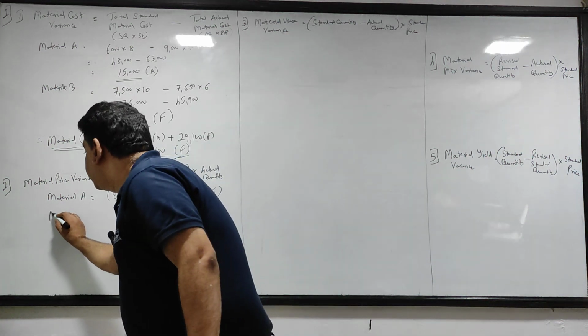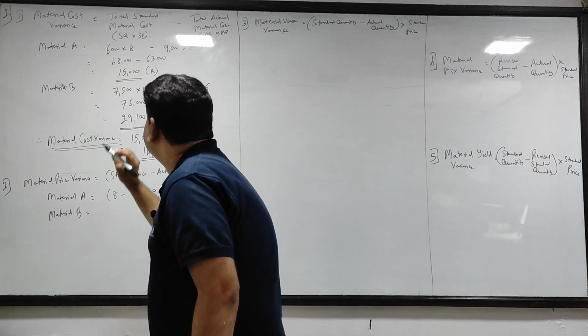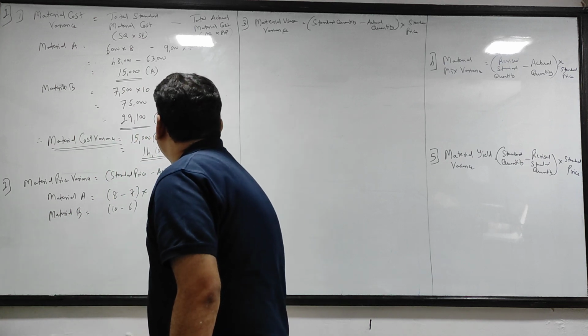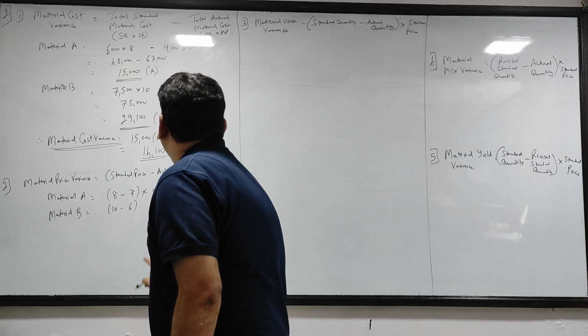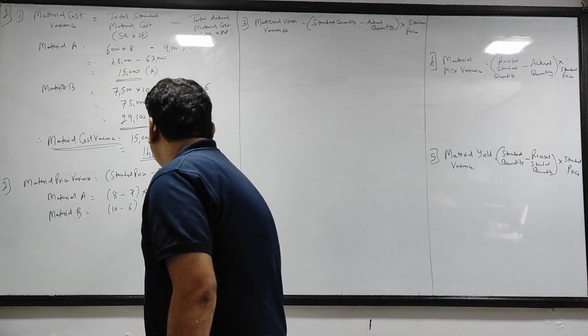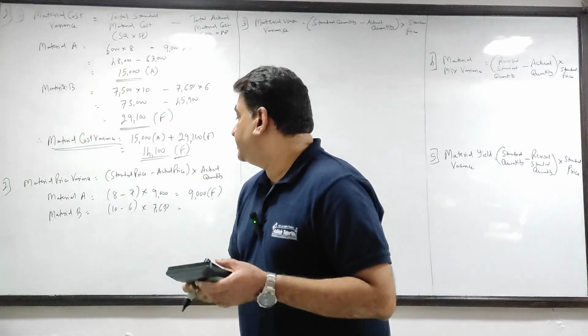Same way, material B: standard price 10, actual price 6, into actual quantity, that is 7650.